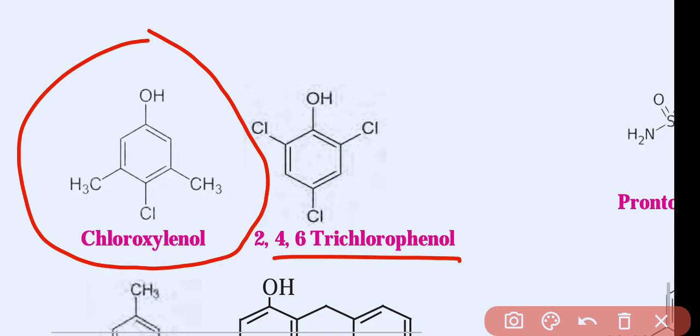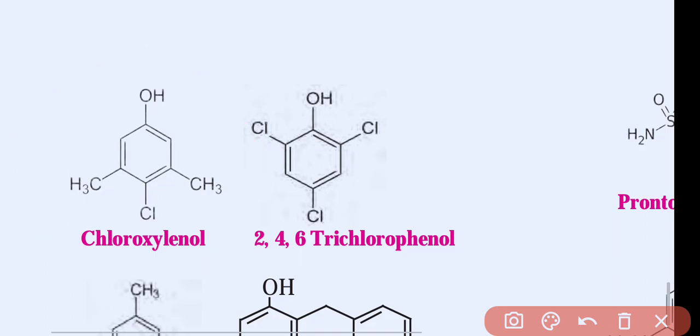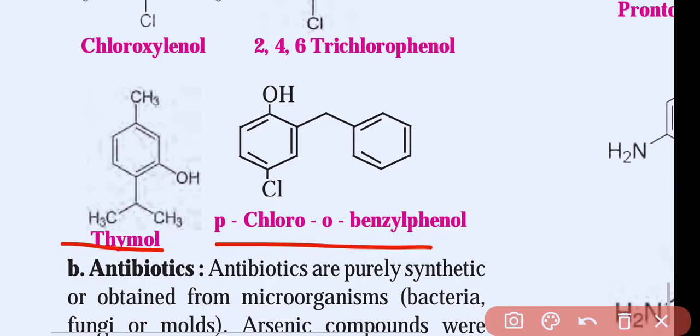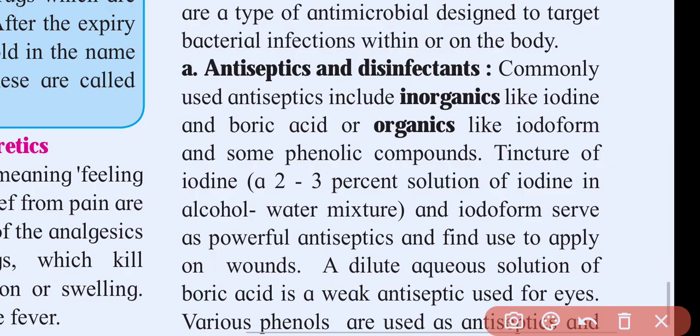This is the structure of chloroxylenol, and this is the structure of 2,4,6 trichlorophenol. Observe that carefully. This is the structure of thymol, and this is the structure of parachloroorthobenzyl phenol.